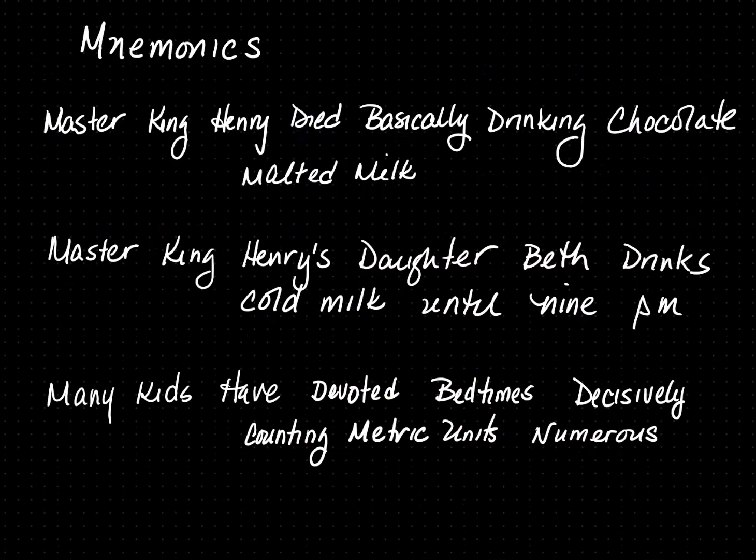If you are having difficulty memorizing the metric system, use any of the three following mnemonics, or you can make one up yourself. First one: Master King Henry died basically drinking chocolate molten milk. M here stands for mega, K here stands for kilo, H stands for hecto. D here stands for deca.